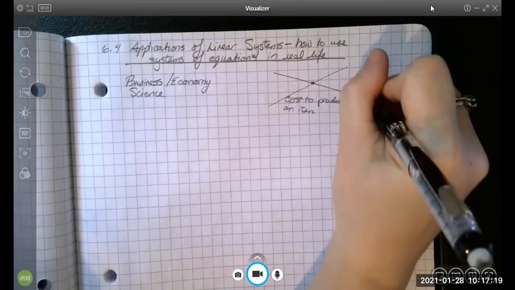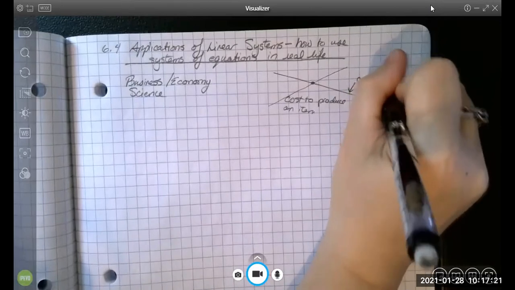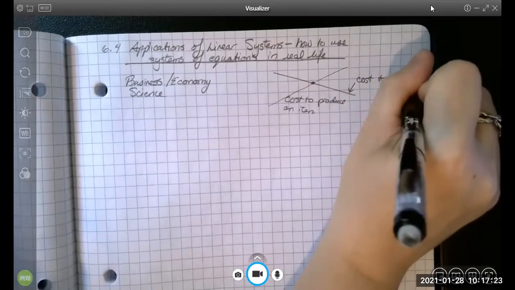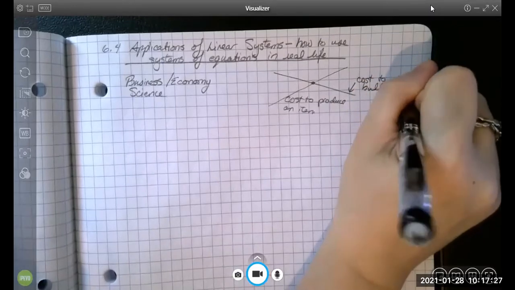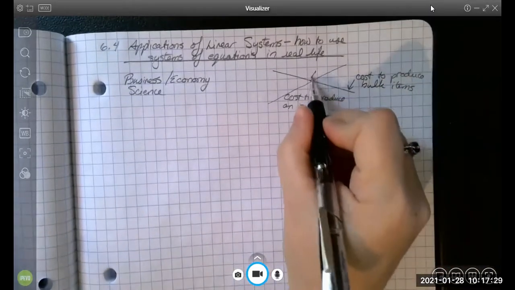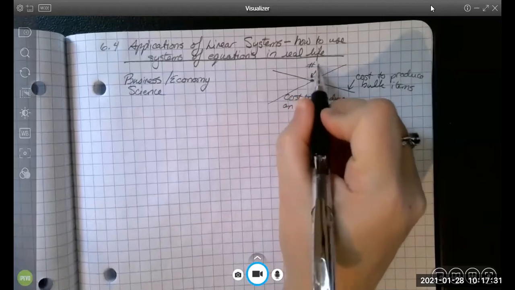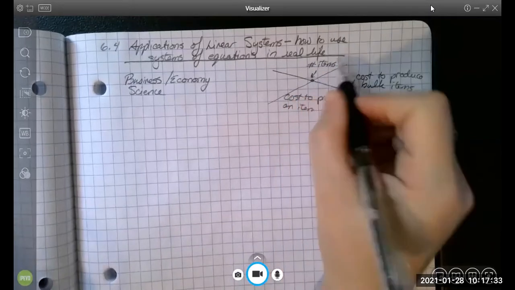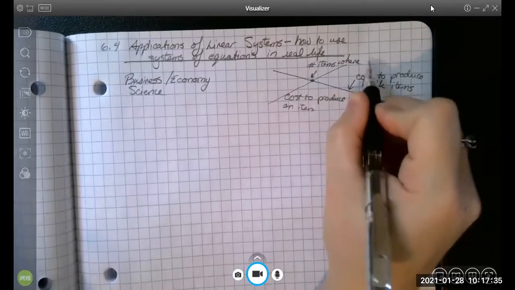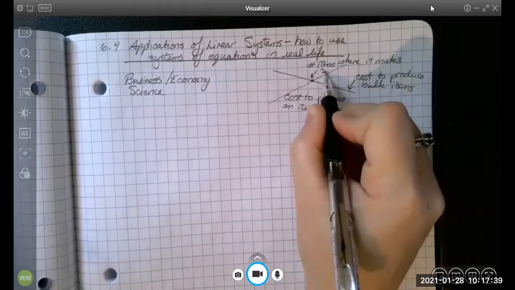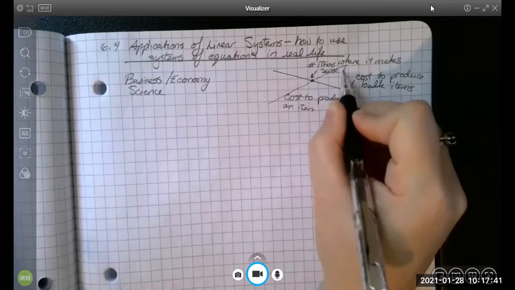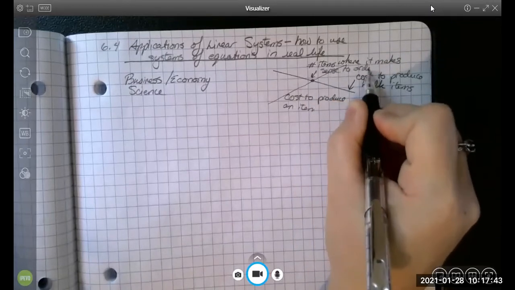This is cost to produce bulk items, meaning you're going to make a whole bunch of them. And right here, this is the number of items where it makes sense. When I say makes sense, it's cheaper to order lots of them.